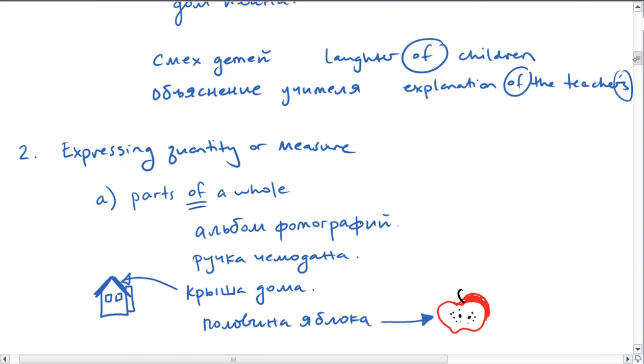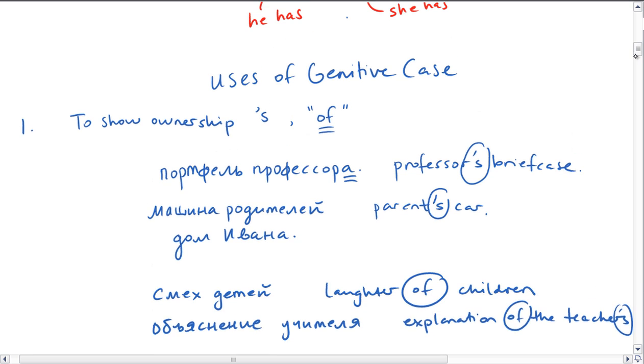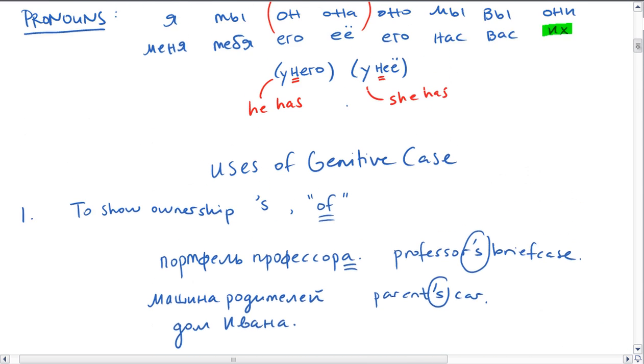And whenever you're talking about possession or ownership, anytime you would use apostrophe S in English, and then countless times when you would use the word of in English. So if you hear the word of in your head, think, okay, I might be using the genitive case here.